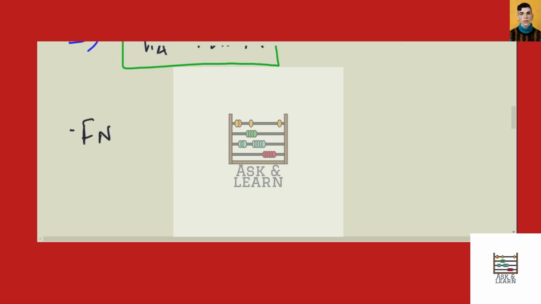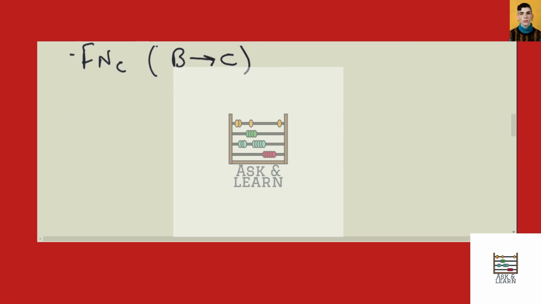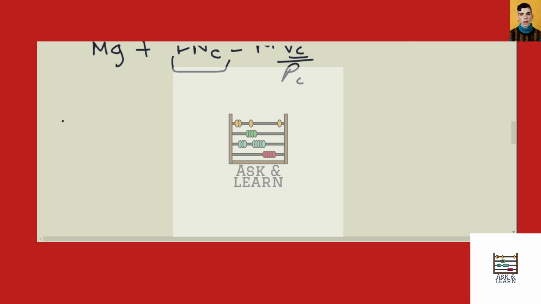So the normal force at C, we can look at from points B to C. We know at C the force will be the weight of that car, mg, plus that normal force, FNC, equals, again, the mass times the centripetal acceleration, v squared at C, divided by the radius of curvature at C. So what we want to find now is the velocity, so that we can solve for normal force at C. So again, we look at conservation of energy from B to C.